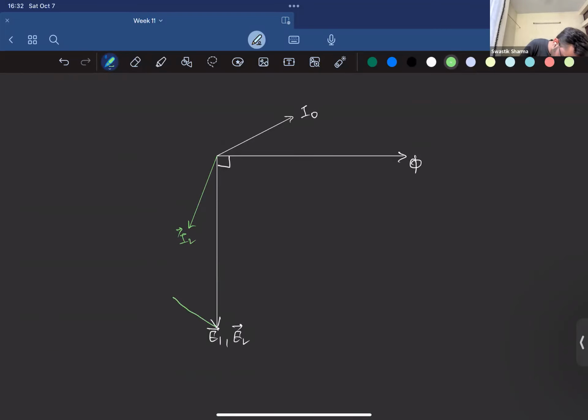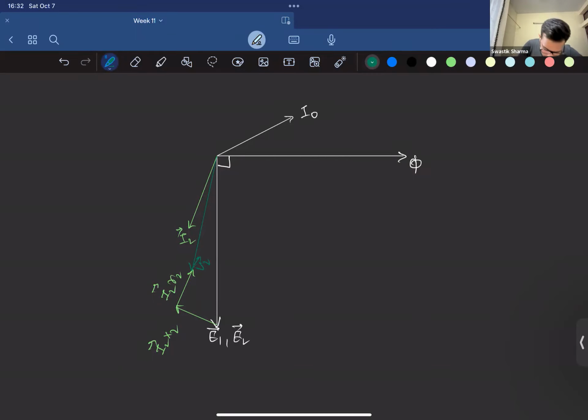So this is I2 times X2, right? And we know I2 times R2 will be something like this. And the phasor representation will be something like this would be our V2 phasor.